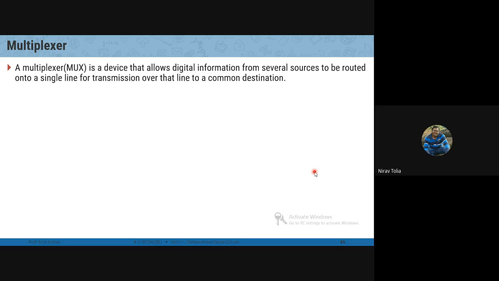You can also check it in the lab session. Multiplexer is also known as the data selector. Why is it known as the data selector? Because it takes the data from the several inputs, but at a moment it will allow only a single data to come to the output.